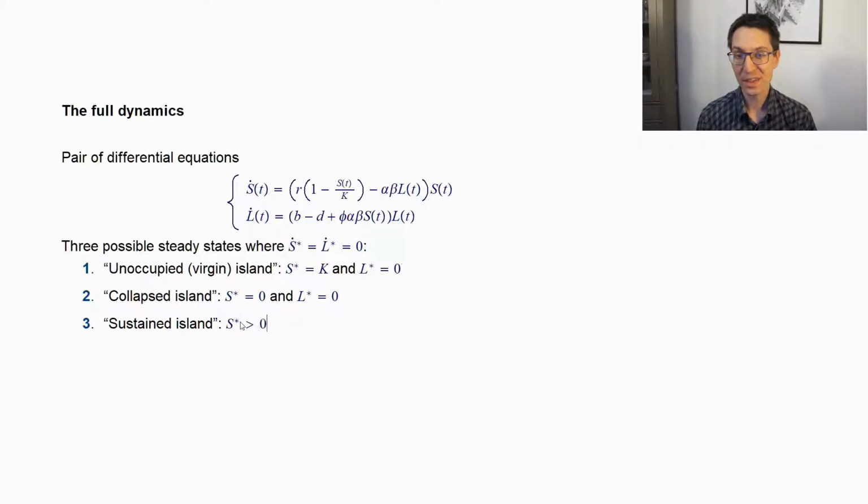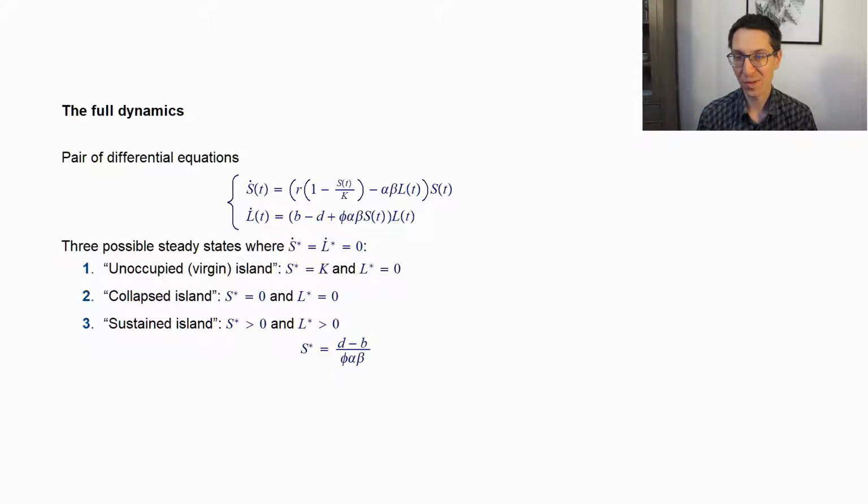To find the sustained island, we must use the equations for each dynamics. That's why I named it the sustained island. From the population dynamics, we have found that the population does not grow when S star equals (D minus B) divided by phi alpha beta.